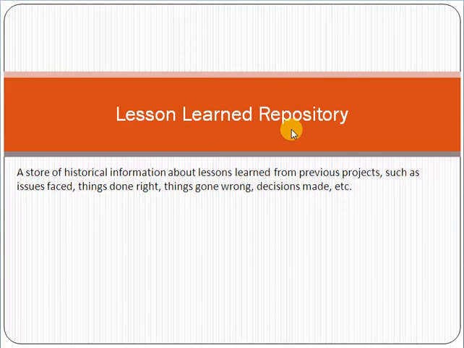For example, a lesson learned is that the stakeholder from the customer side should be involved at the planning stage of a project. If you involve the customer stakeholder only at the time of user acceptance testing, it will be very difficult for you and it will create issues.